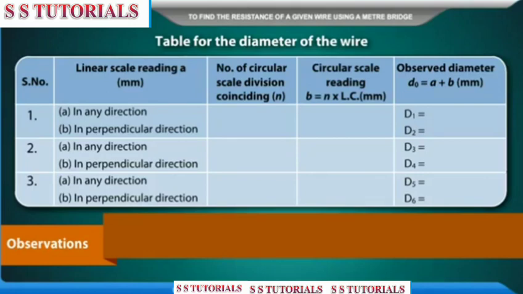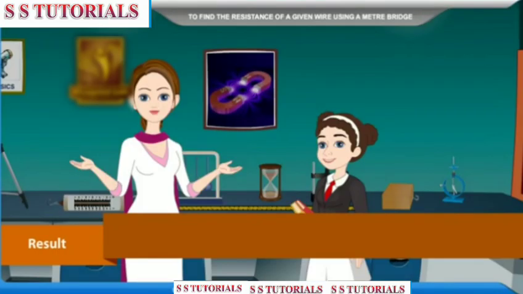Readings in any direction and in perpendicular direction: D1, D2, D3, D4, D5, D6. Mean observed diameter D is equal to X mm.